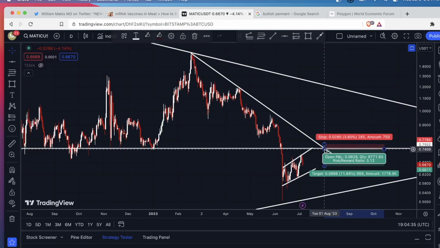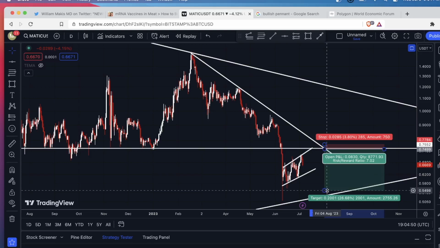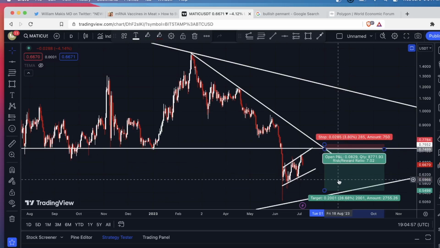So the entry would be around 75 cents, first target 66 cents, which is a 3-to-1 risk reward ratio. And then if this broke down, I would trail my stop and target the bottom of this larger bull pennant, which would get me a massive 7-to-1 risk reward ratio for a 26% gain, risking 3.8%.